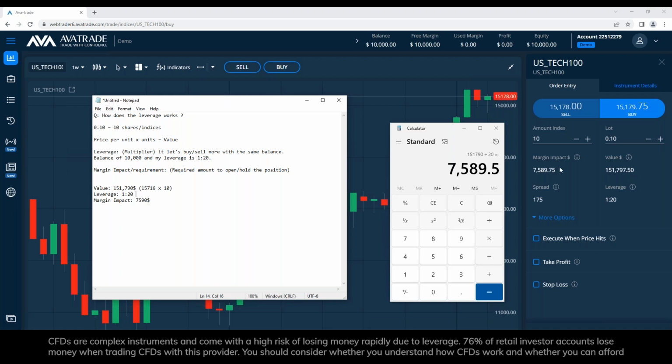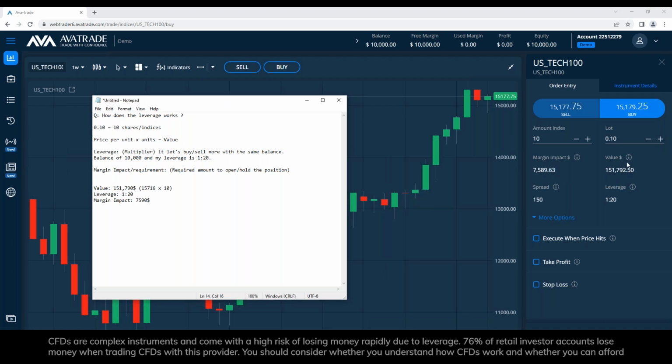Because if this is the amount that I need, I'm not going to be able to take the position. No chance. I have 10,000. It costs 151,000. So for sure I can't take this position. But I divided that by 20. Who knows why I divided that by 20? Let's look up here.